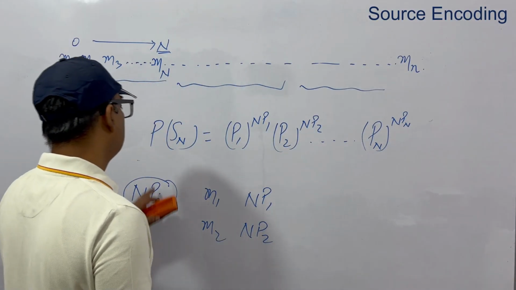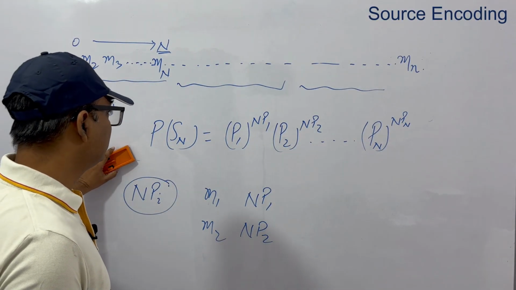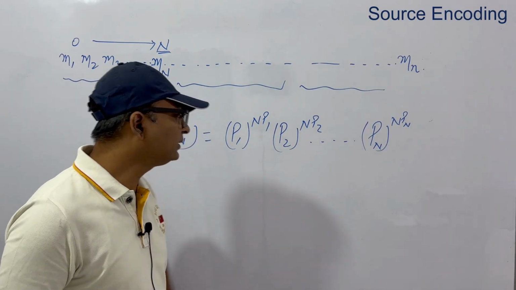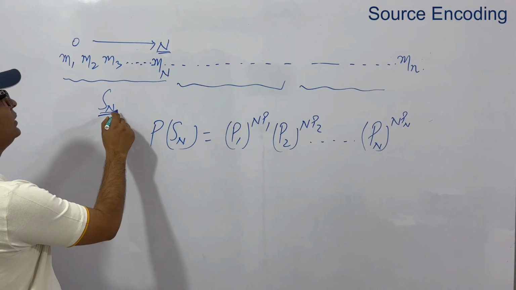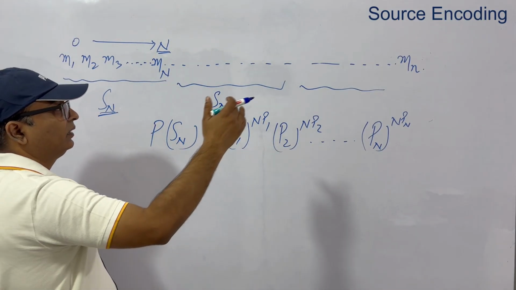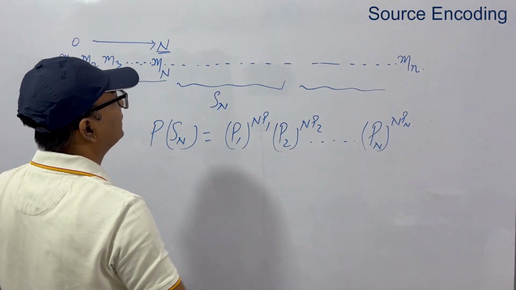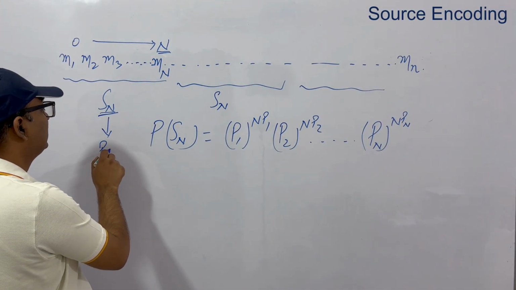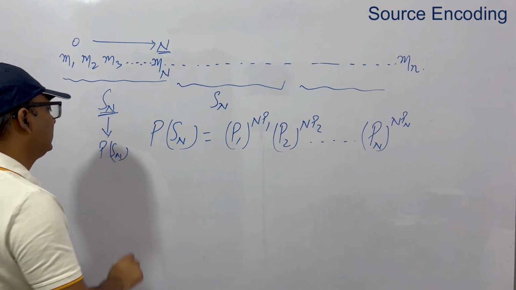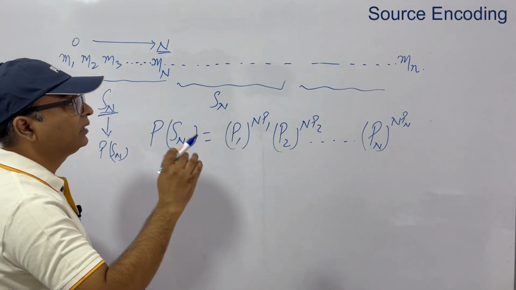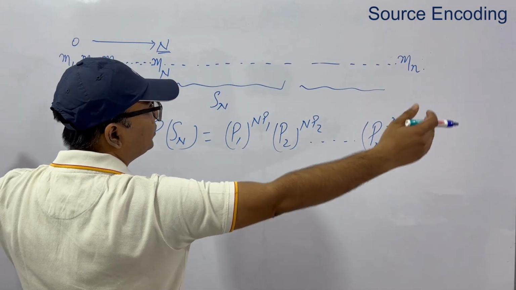Okay, so this is the probability associated with the sequence Sn. Now we can say that this sequence is equiprobable. The probability of this sequence, that is P(Sn), we can say is equiprobable in this setup of data.